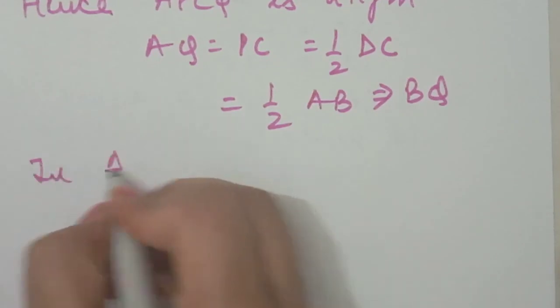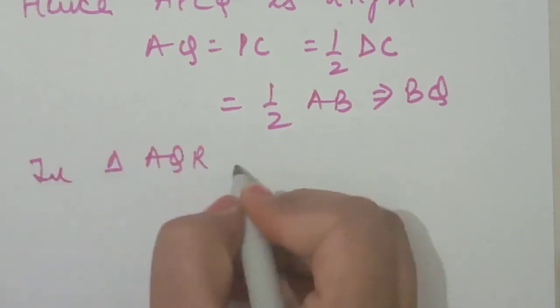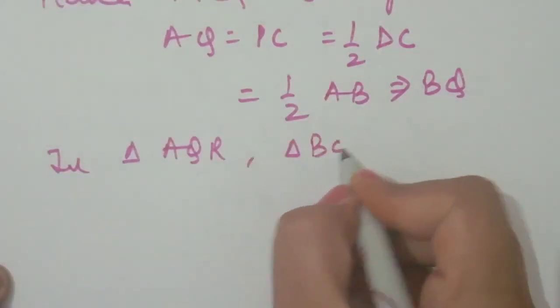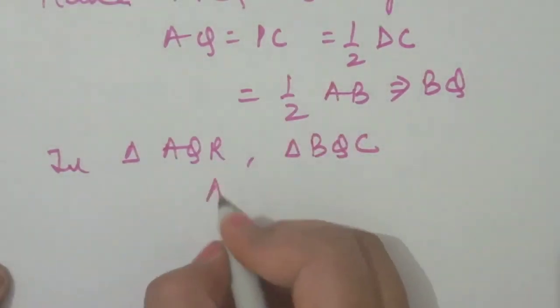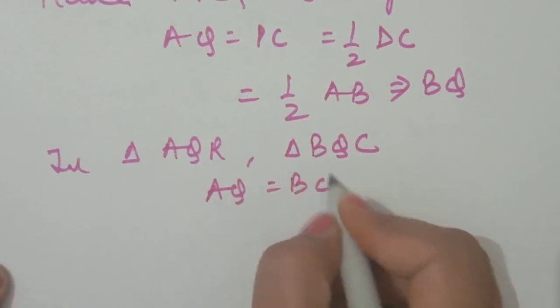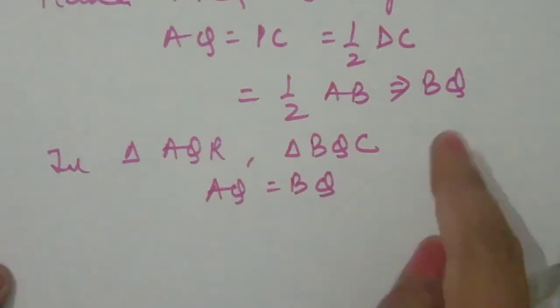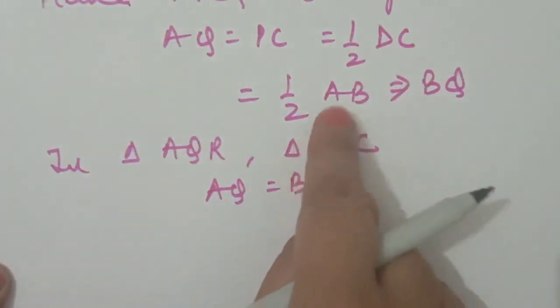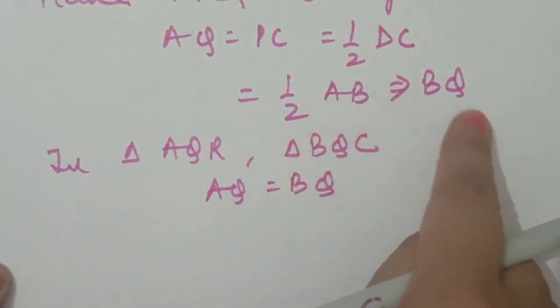So students, in triangle AQR and triangle BQC, AQ is equal to BQ, because AQ is equal to PC, which is equal to half of DC, which is equal to half of AB, and which is equal to BQ.